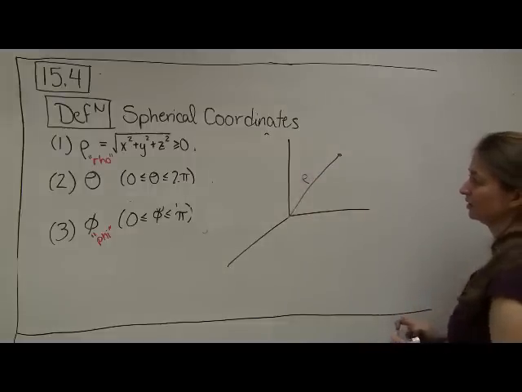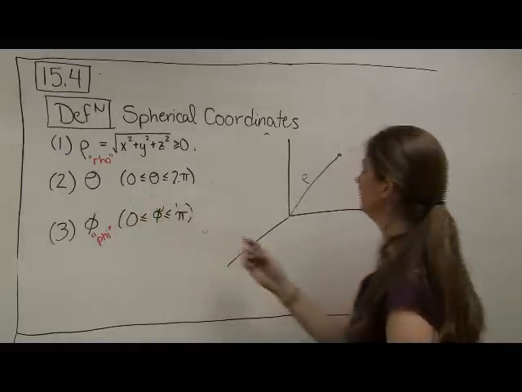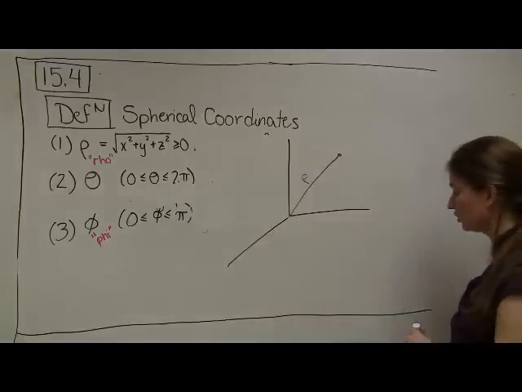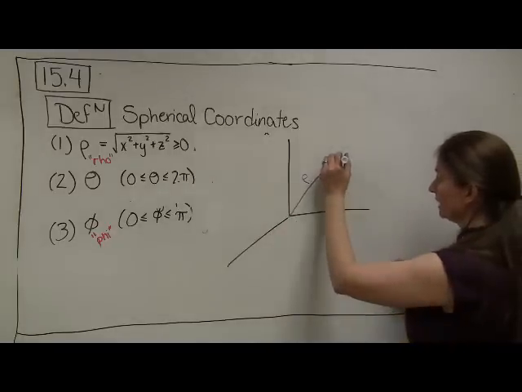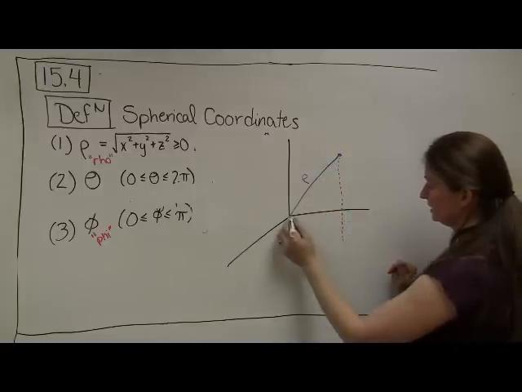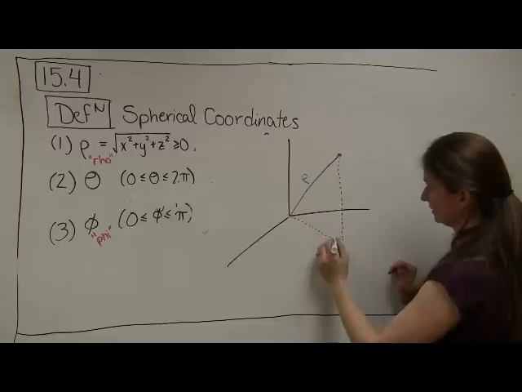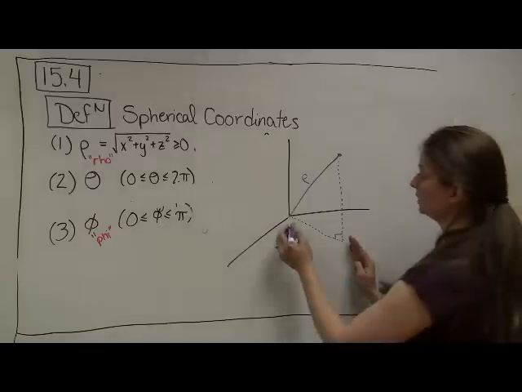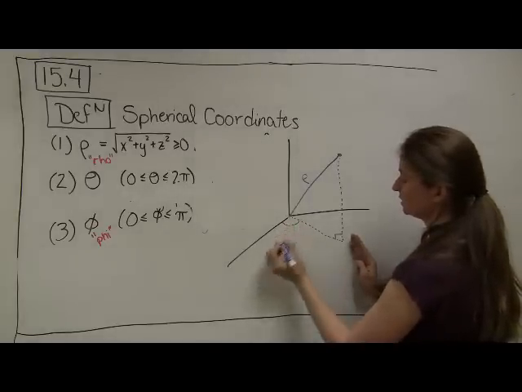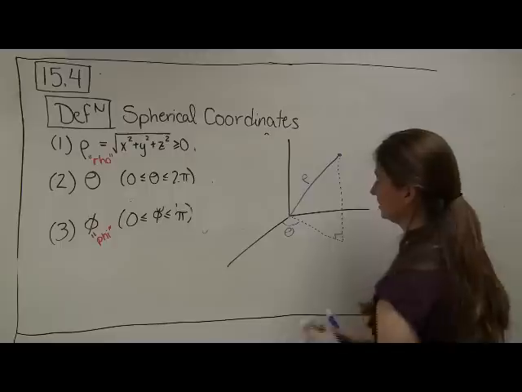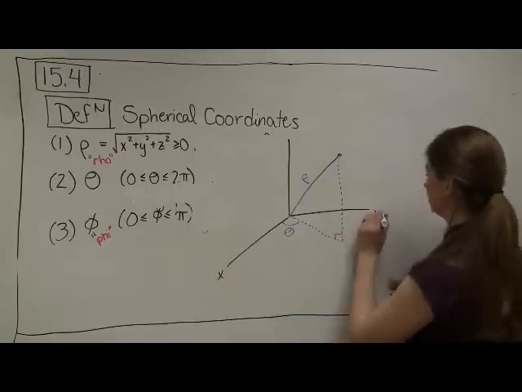But the other 2 are a little harder. This theta angle is the angle that's made with the positive x-axis. So in order to compute this, we're going to have to project this point down into the xy plane. So I just projected this down at a 90-degree angle, and I want to know what is the angle that's traced out from the x-axis. That's exactly what our theta is.